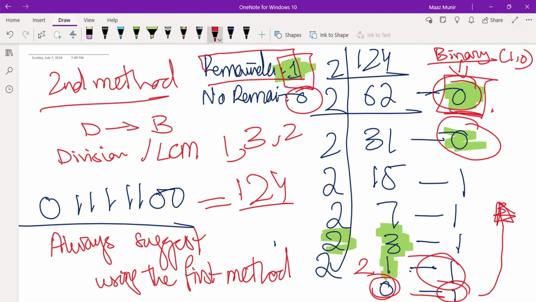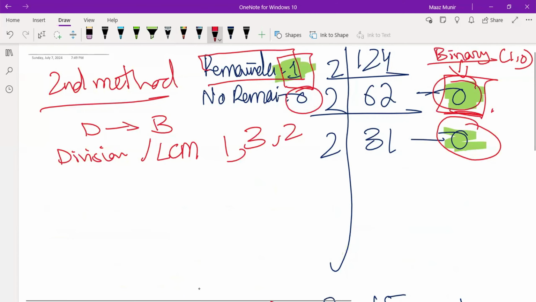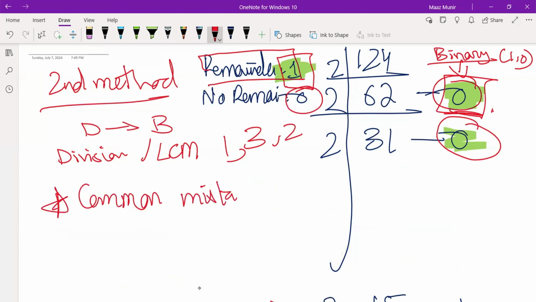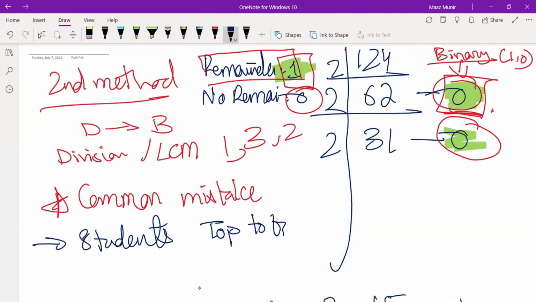Let's write it up somewhere. This is a common mistake. And that common mistake is that students go from top to bottom. Whereas this is 100% wrong.